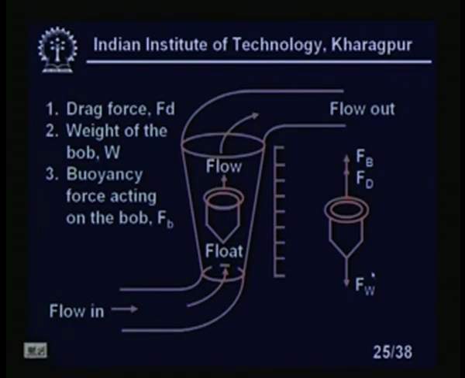If the density of the fluid remains the same, your buoyancy force will also remain the same, and since we are not changing the bob, Fw also will remain the same. So, Fb plus Fd will be equal to Fw, then Fd also should remain the same. That is the main interesting point in rotameters. The rotameter is basically an auto balancing system. If you look at it, it's a very interesting part.